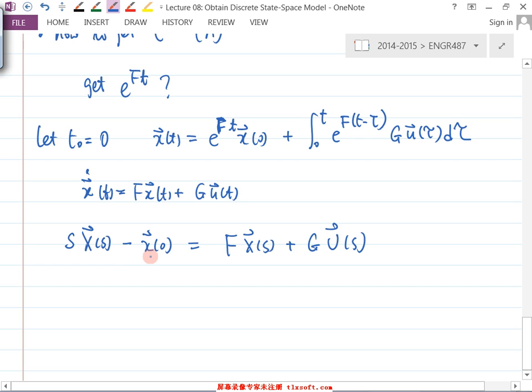Okay, so move the x naught to the other side, and move this capital F times X of s to this side, because these two are common, right? Then take out the common factor.